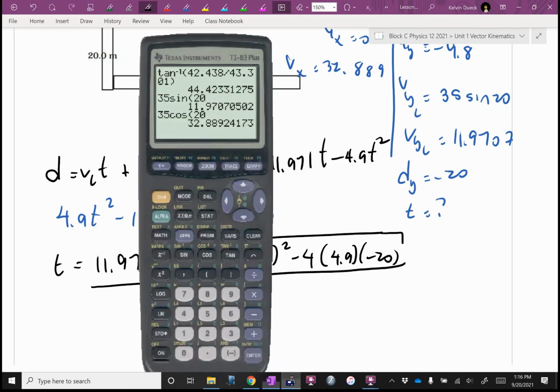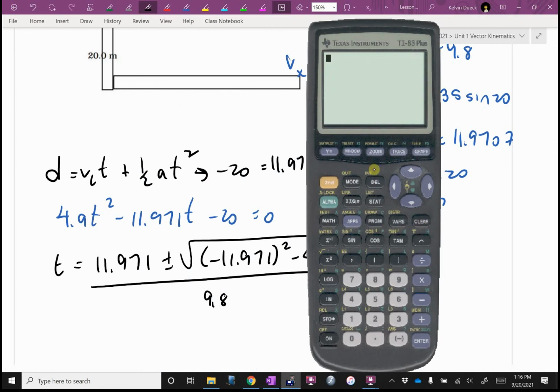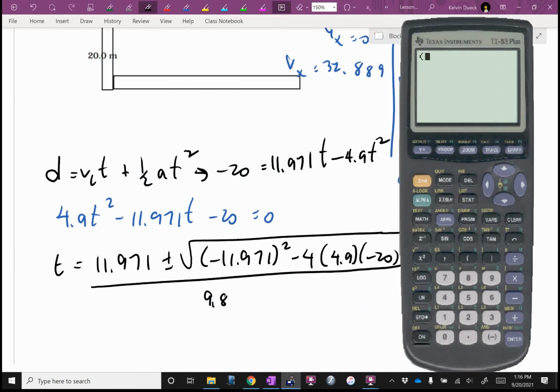So Corella, here's how I would type this. Ready? I would open up a bracket. I would type 11.971 plus square root, open up a bracket.